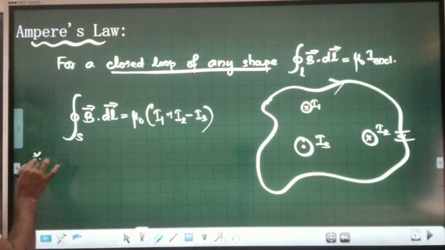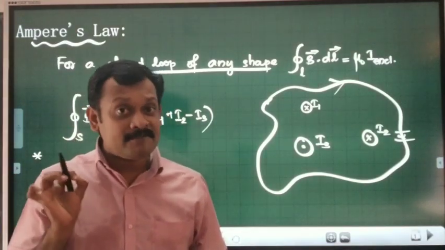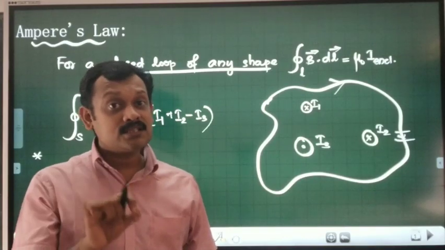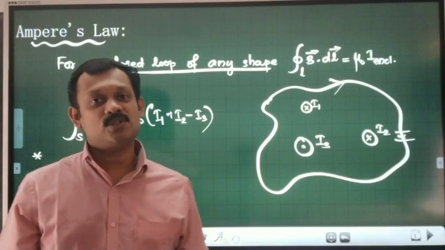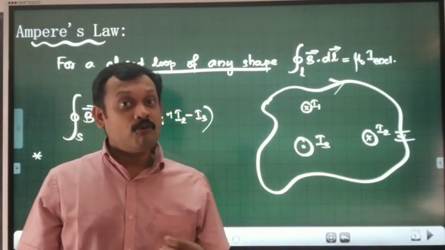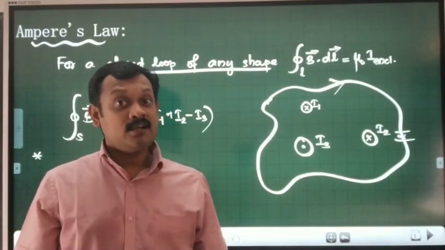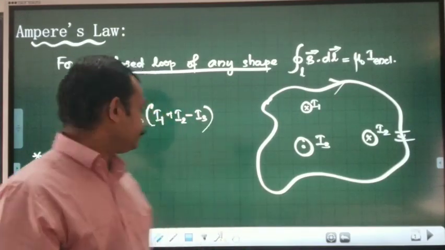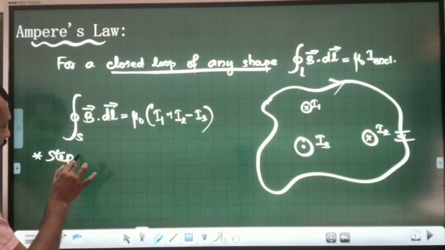Now, I would like to tell you an important point: Ampere's law is an effective tool for determining the electric current wherever the system has some kind of symmetry, like I said with Gauss's law. So let us use the steps to study Ampere's law.